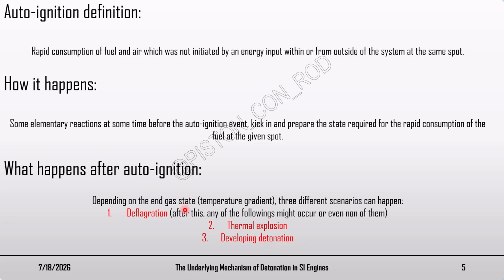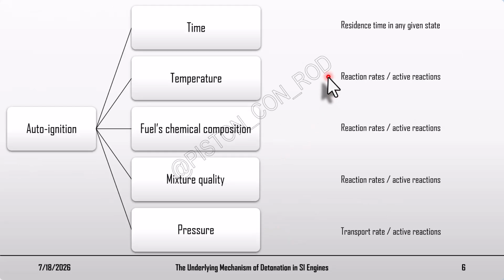But at that same spot, when deflagration happened, it will be a normal combustion. Thermal explosion and developing detonation will be the engine knock, but there's a difference between thermal explosion and developing detonation, which we will cover in the next slides.